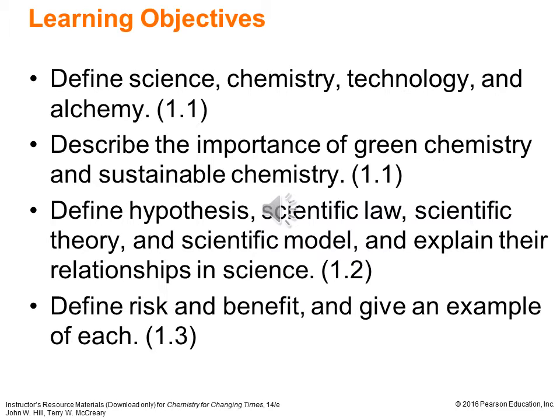Again, these are things you've probably done at an earlier level, although maybe not in a way that seemed meaningful then or is particularly memorable now. Hopefully we'll change all that. And then finally we'll define risk and benefit and give an example of each. These are the objectives for this page, but we have a number of others, as you'll see as we go forward.